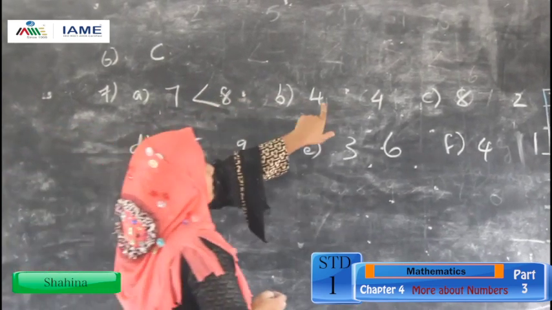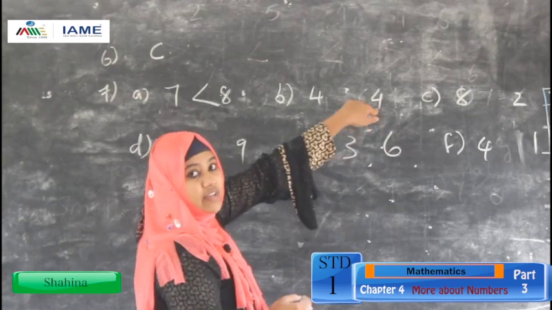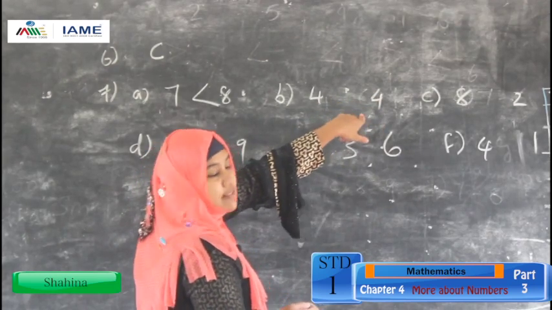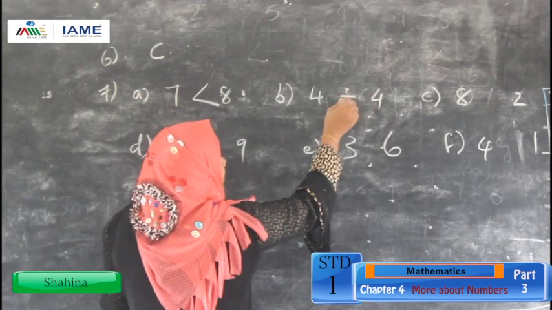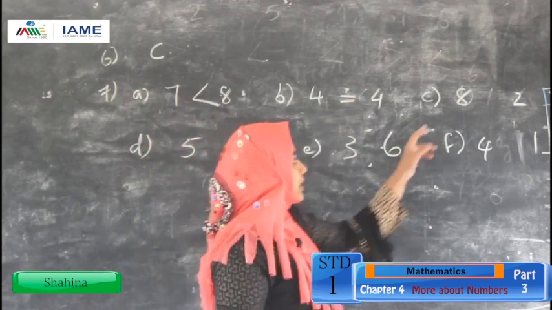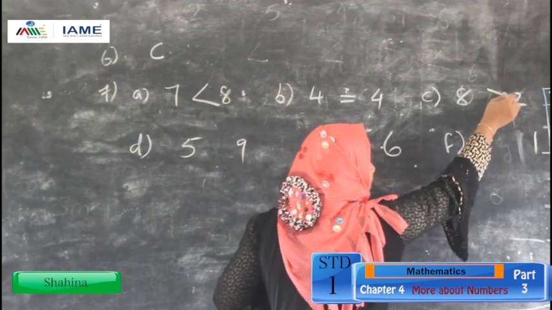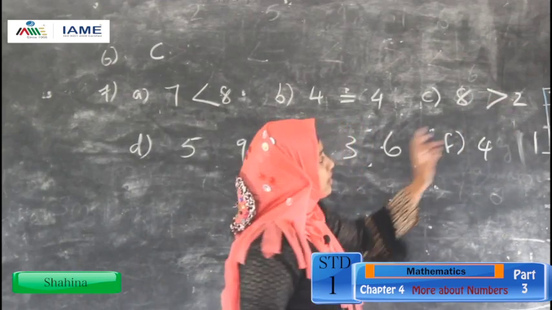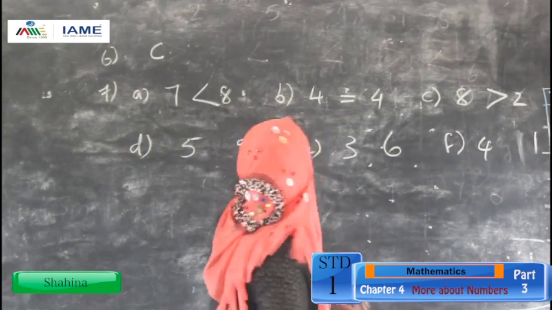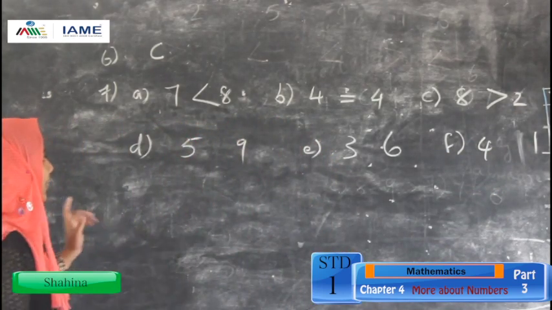Then next one, 4, 4. It has the same value. Which symbol do we have to give? Yes, equal to. Then see 8, 2. Yes, 8 is greater, so the greater than symbol, and 2 is less than 8. Then 5, 9.